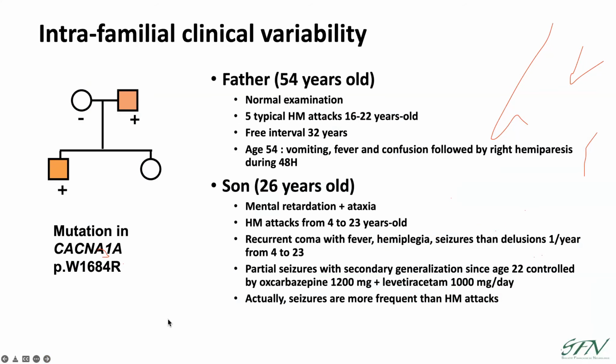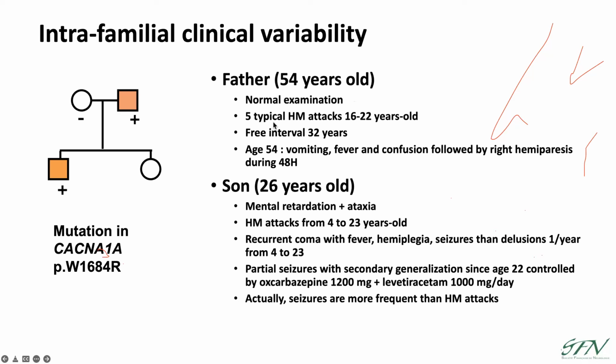So one problem for clinicians who take charge of families with hemiplegic migraine is clinical variability. So I would like to present you a small family, which I have known for 30 years. The father is now a little more than 54 years old. He has a normal examination.